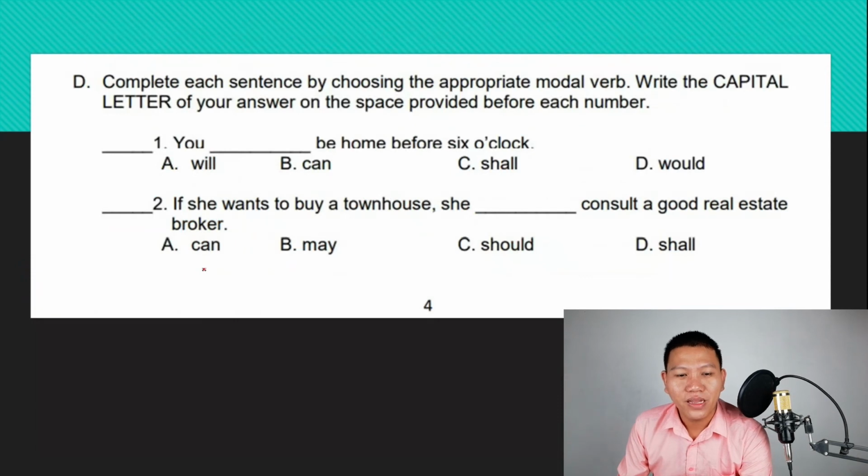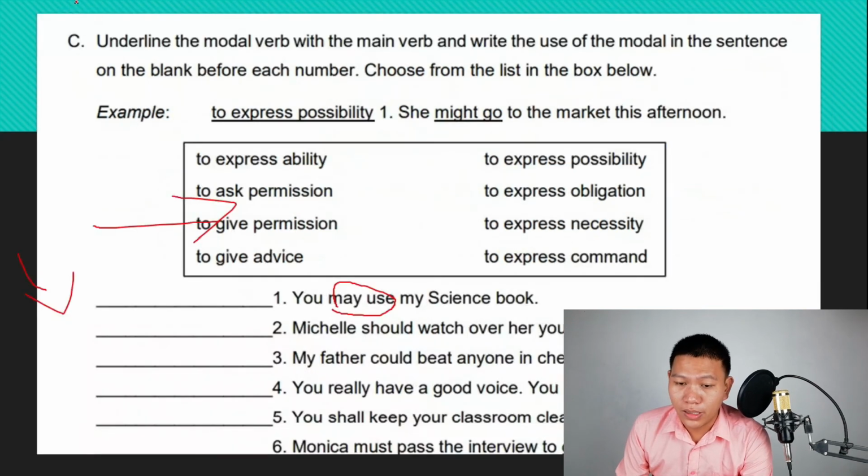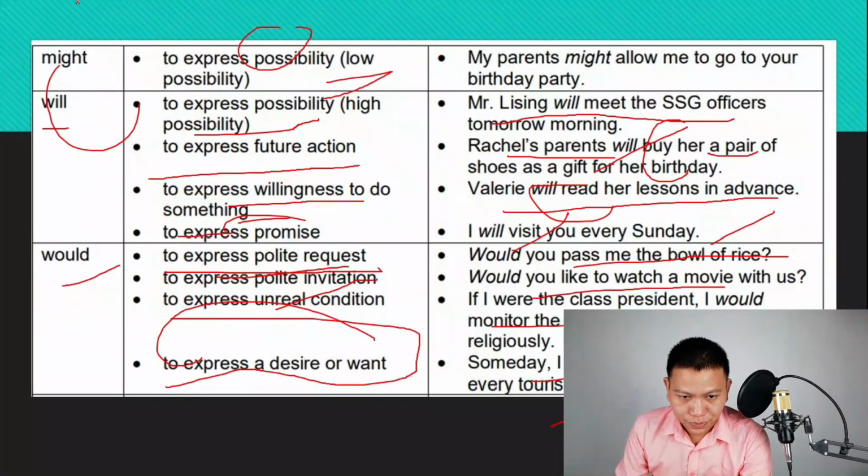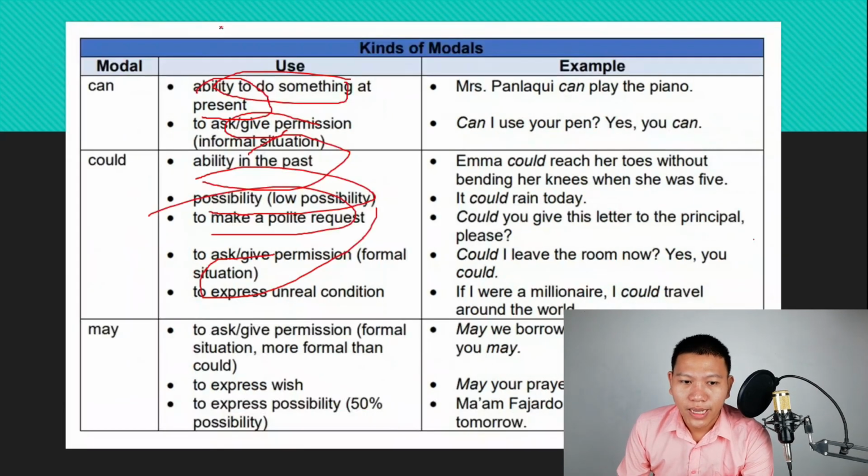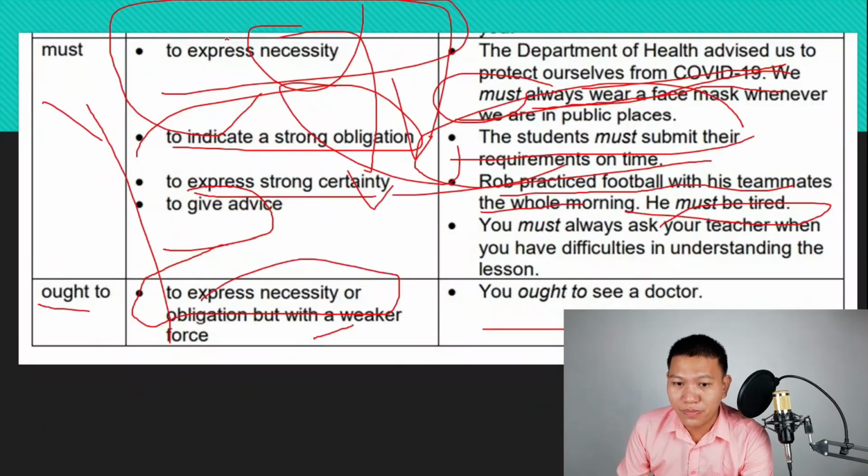Get it? D. Complete each sentence by choosing the appropriate modal verb. Write the capital letter of your answer on the space provided before each number. You blank be home before 6 o'clock. So what do you want to express? So if will, your future action, possibility, express willingness to do, express promise. Can, ability to do something, asking permission.